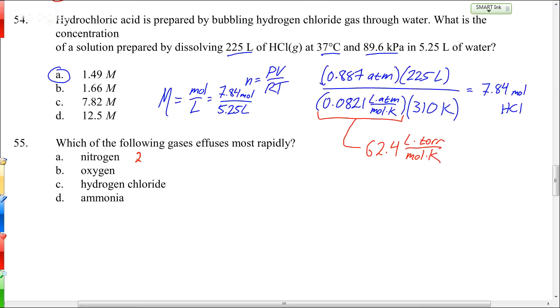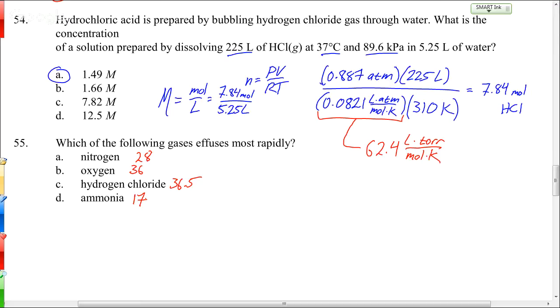So this one is 28, oxygen's 32, HCl is 36.5, and ammonia would be 17. So should be ammonia, right?